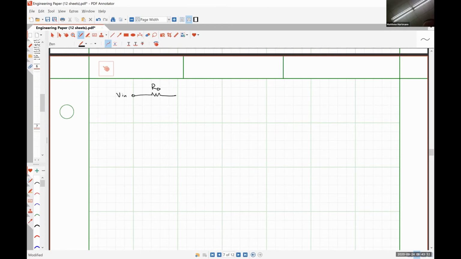Here we have R square. Let's call this node point A. And here we'll have a particular capacitance. Here's another R square. This won't look like squares very much. Here's B. Here's another capacitance. And so forth until we hit node N.